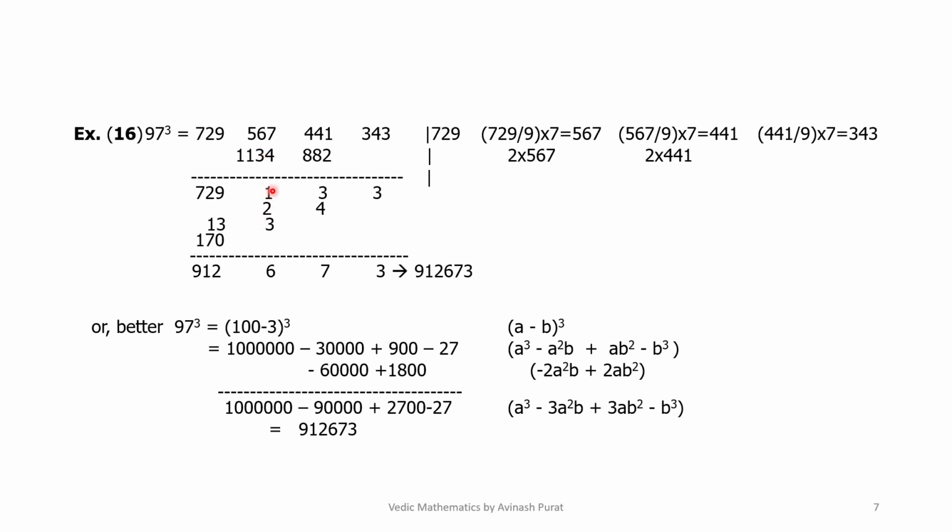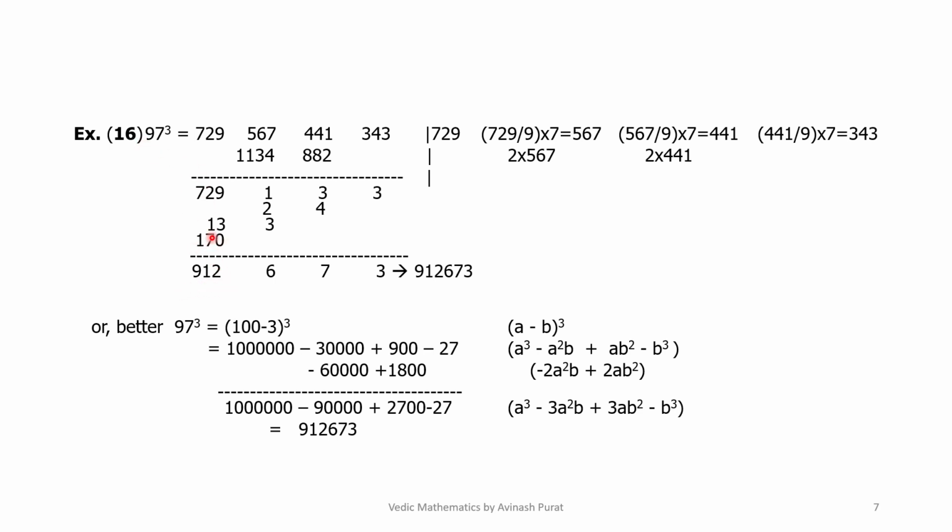So 1 is taken down and 170 is taken to the left, and 729 is taken down. So the grand total is 3, 7 plus 3 is 4, 7, 3 plus 7 is 4... 7, 1 plus 2 plus 3 is 6, and 729 plus 13 plus 170 is 912.